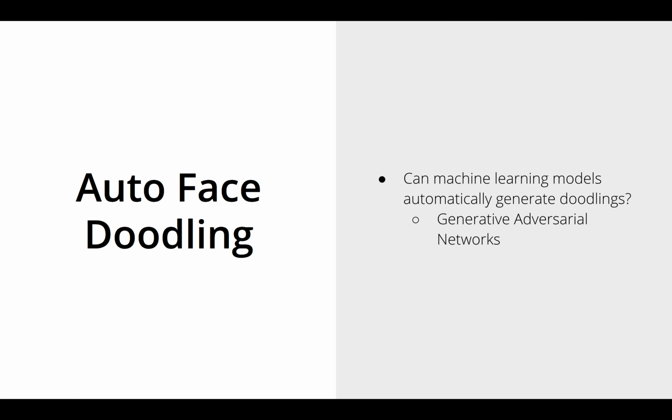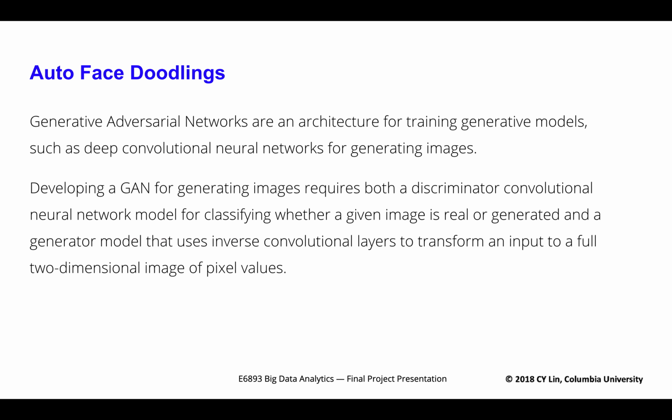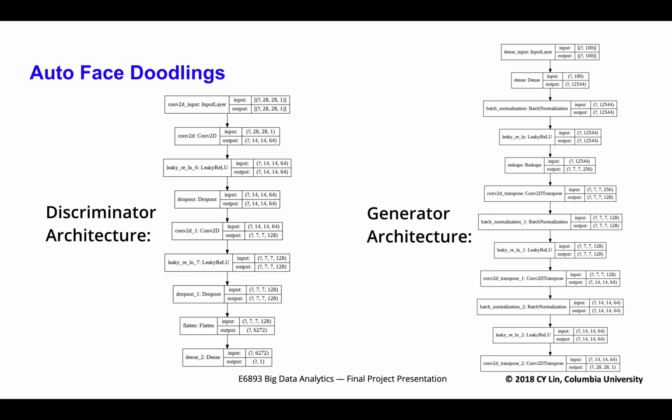Next, the question we would answer here is, can machine learning models automatically generate doodlings? We use GAN to answer this question. GANs are an architecture for training generative models, such as deep convolutional neural networks for generating images. The left part is the discriminator architecture, and the right part is the generator architecture.